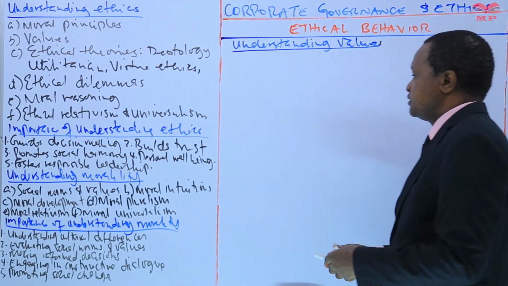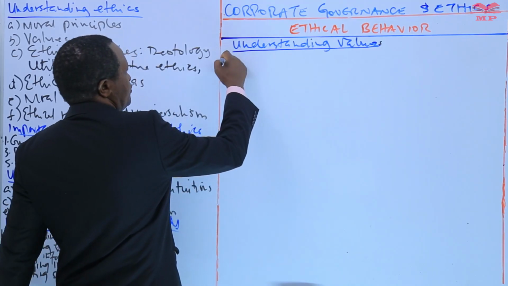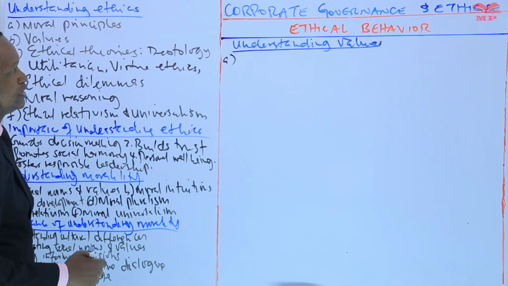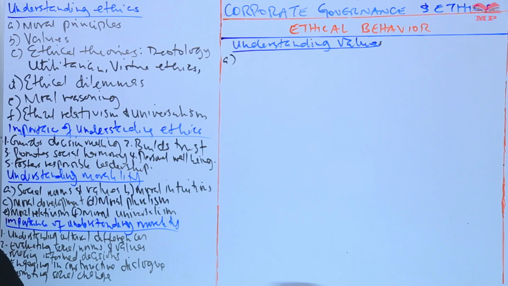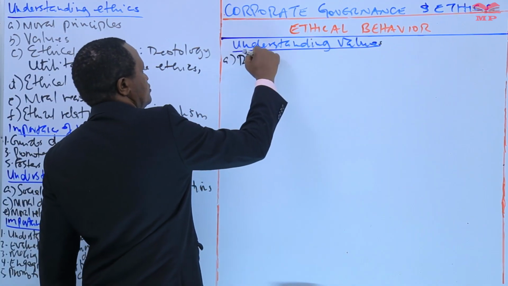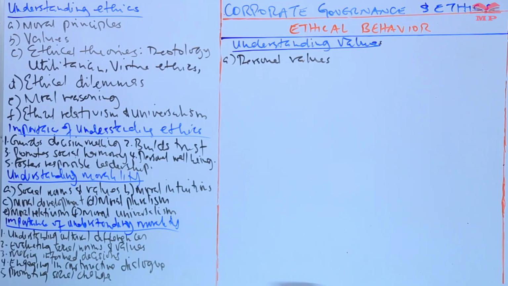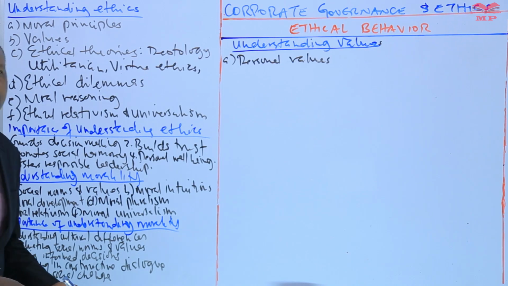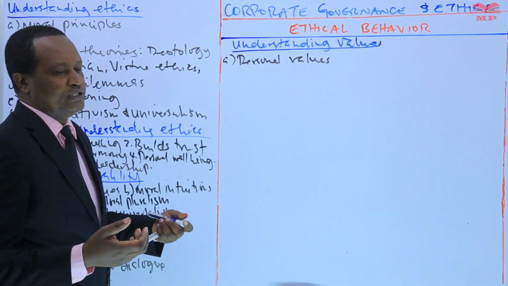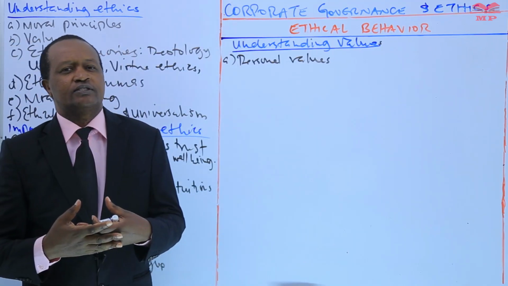Key aspects. What are the key aspects of values? One key aspect of values is personal values. These are the individual beliefs and principles that we hold dear and prioritize in our lives.